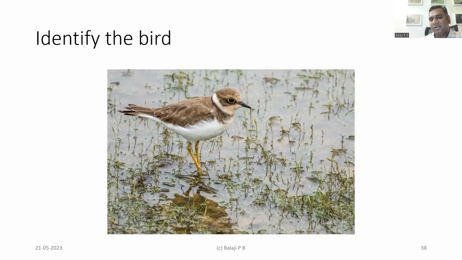It's dull at this point, but that doesn't make it incomplete. It is a complete neck ring. So the combination of a complete neck ring and a yellow eye ring makes it a little ringed plover.